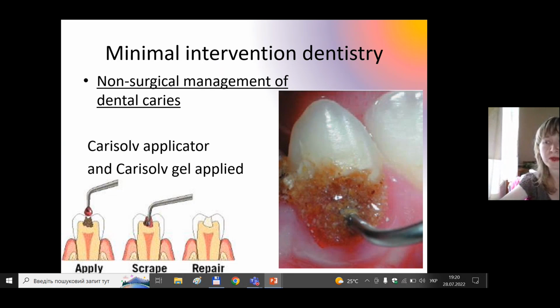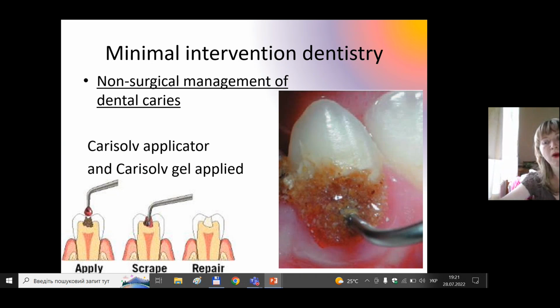The technique is very similar, but it is a brand name, and special brand instruments are developed and a special liquid is used for this treatment procedure. At first, tooth decay is removed with Caries Solve gel.